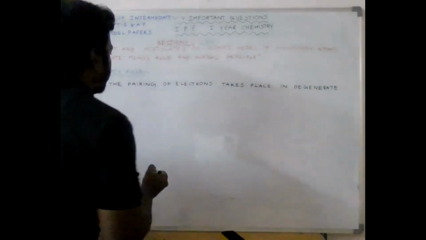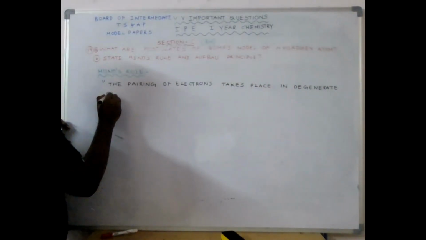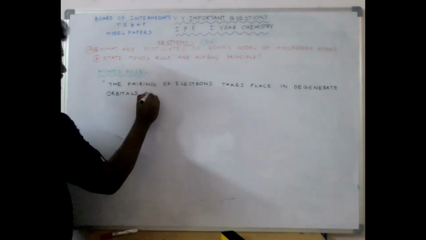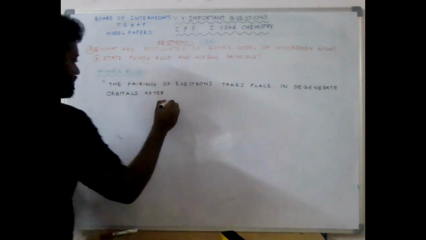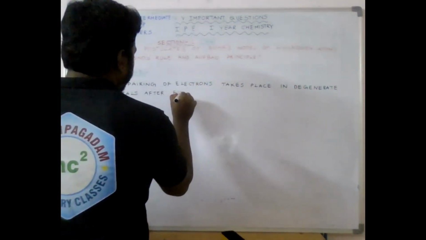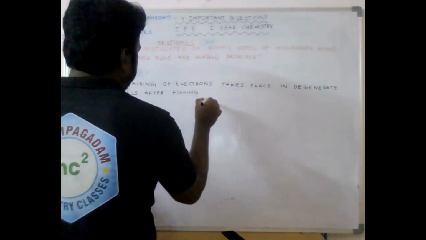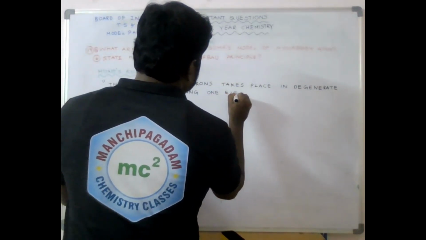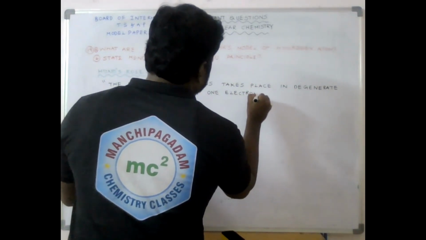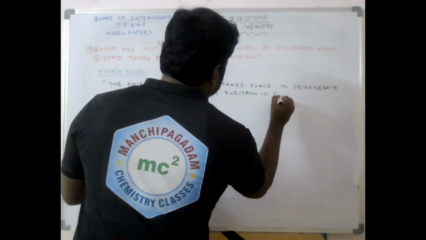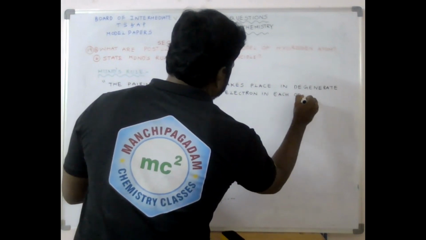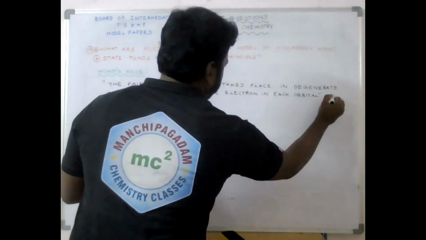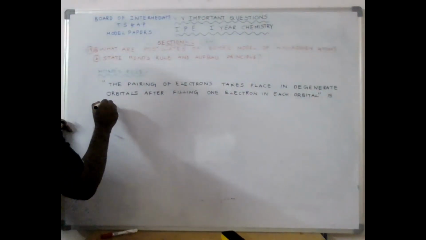The pairing of electrons takes place in degenerate orbitals after filling one electron in each orbital is known as Hund's rule.